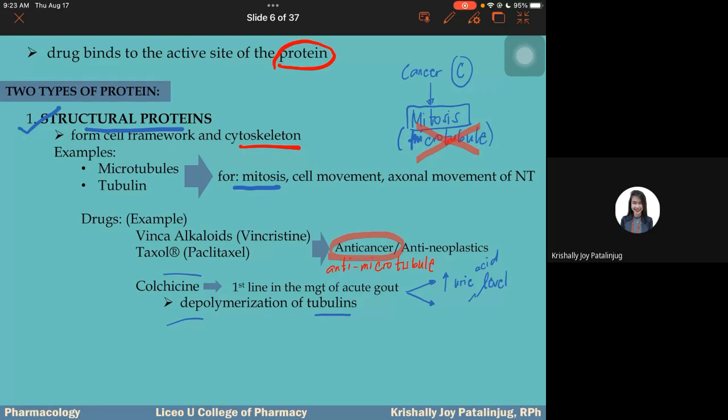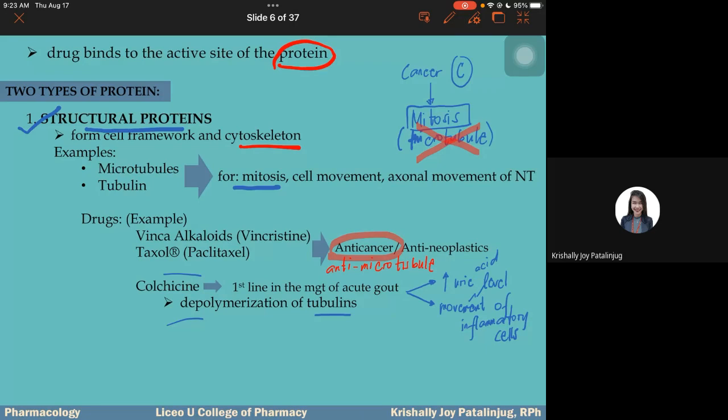So, the rationale behind why the pain felt by the patient during gout attacks is unsymmetrical is because of the movement of inflammatory cells.